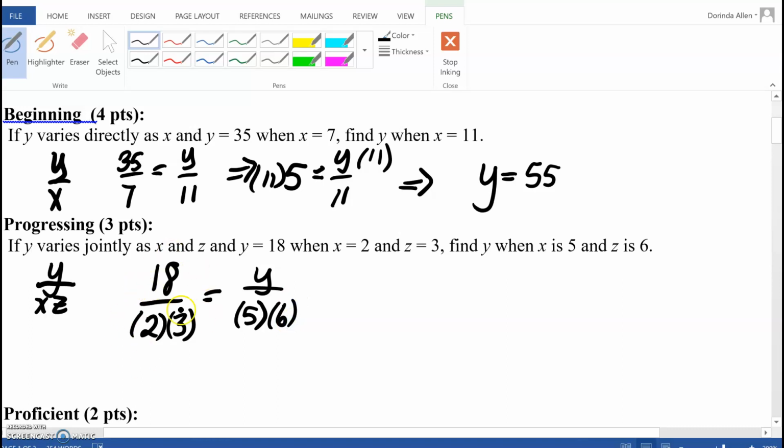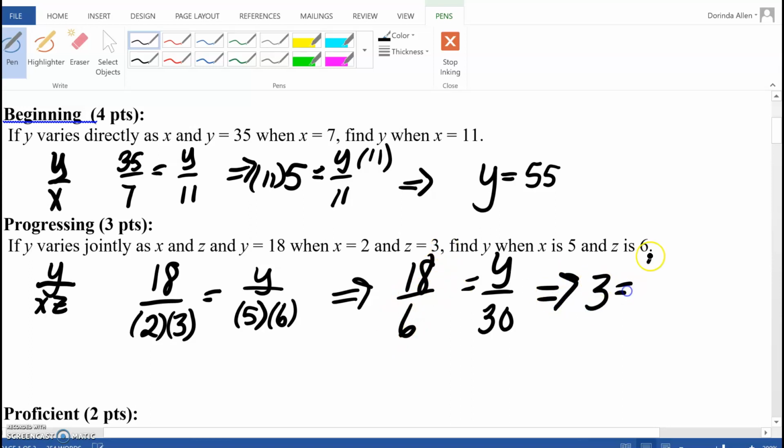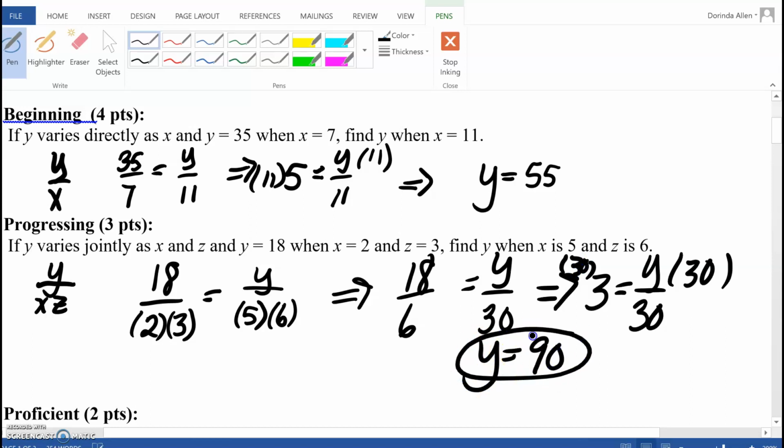So if I reduce this, I get 18 over 6 equals y over 30. And again, you could cross multiply right there, or you can just divide this. So that would be 3 equals y over 30, and then multiply both sides by 30. So y equals 90.